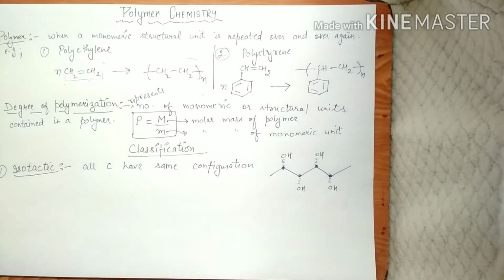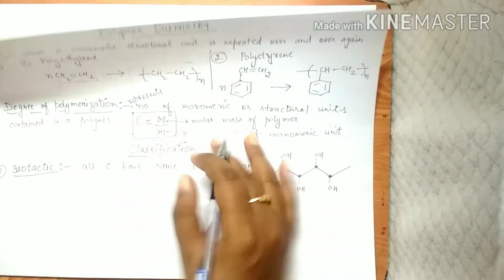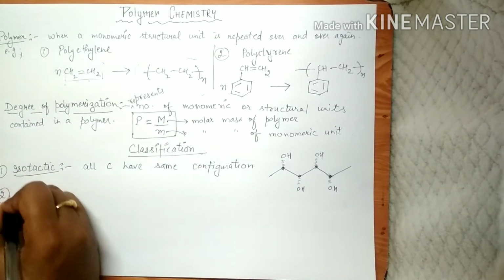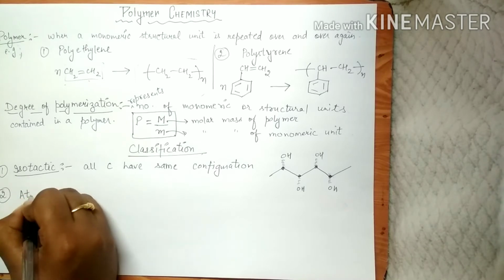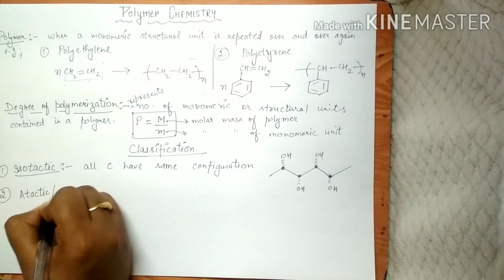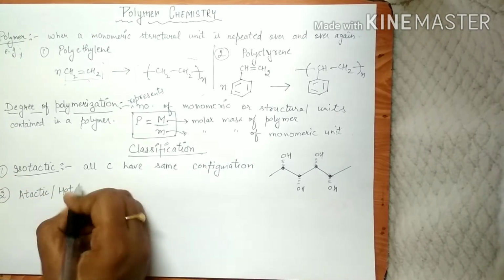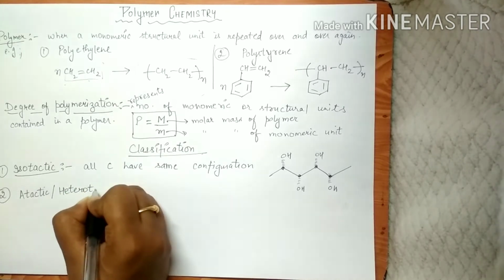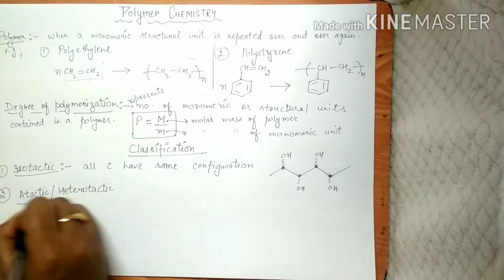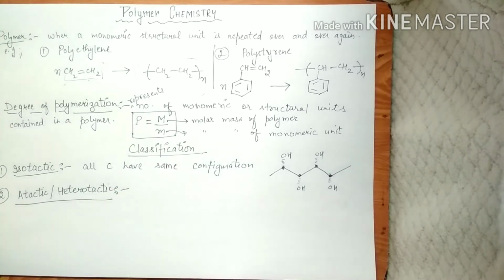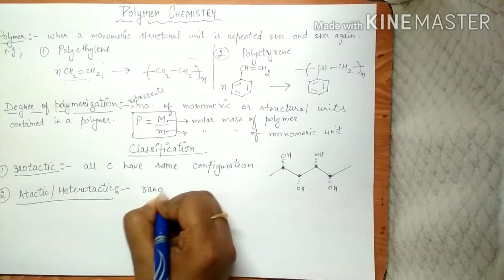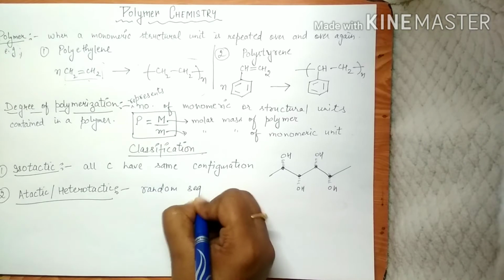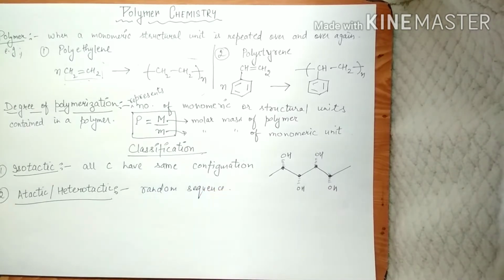Okay. Now, second type, that is atactic or heterotactic. These will be having random sequence of configuration. So you can write random sequence. Okay.